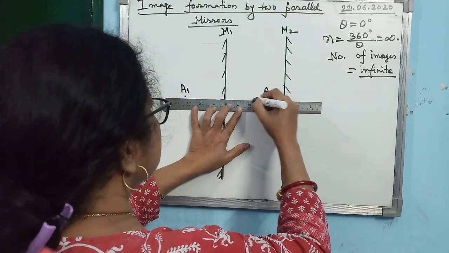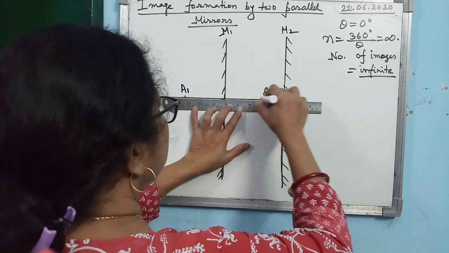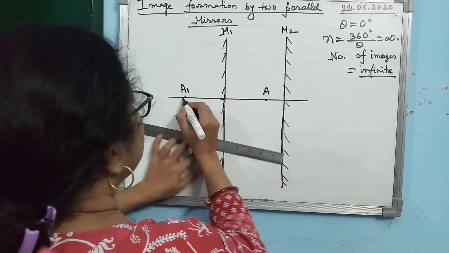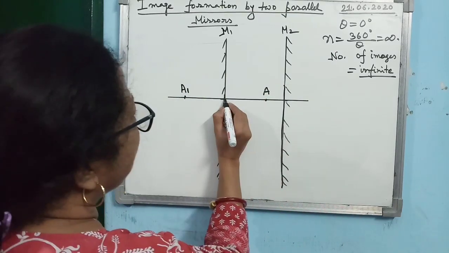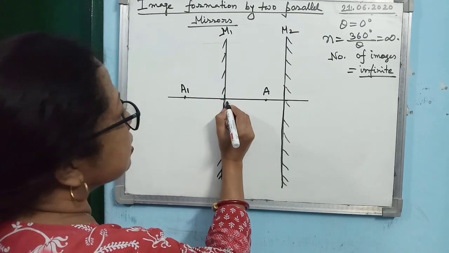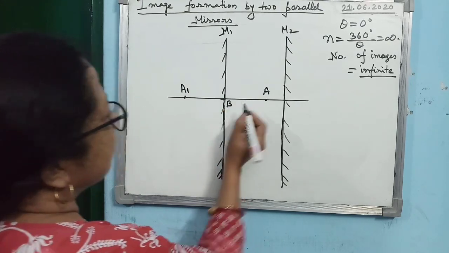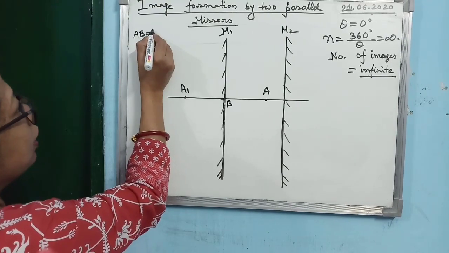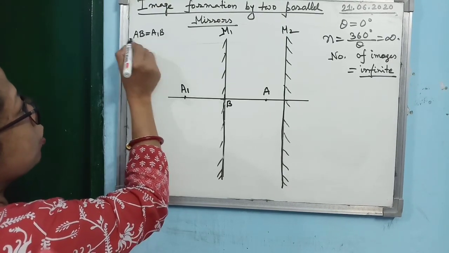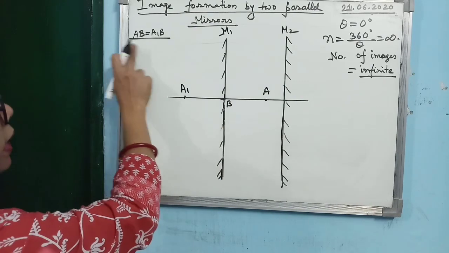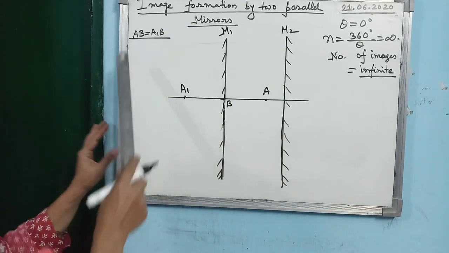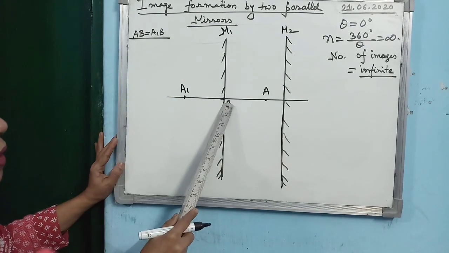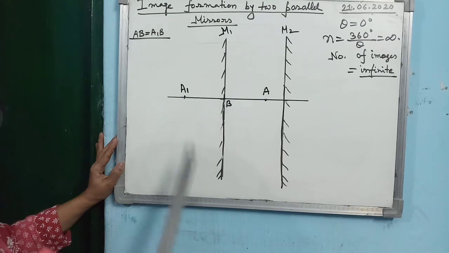Name the mirror point B. You see what I have done: AB equal to A1B. When you draw the diagram, take care that AB should be equal to A1B.